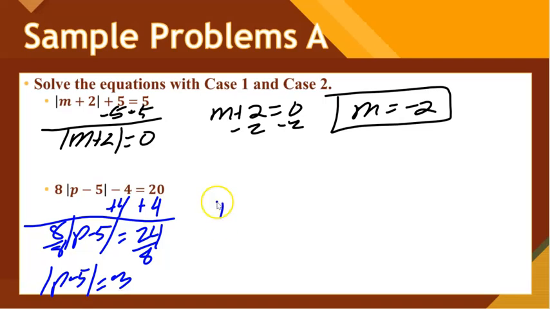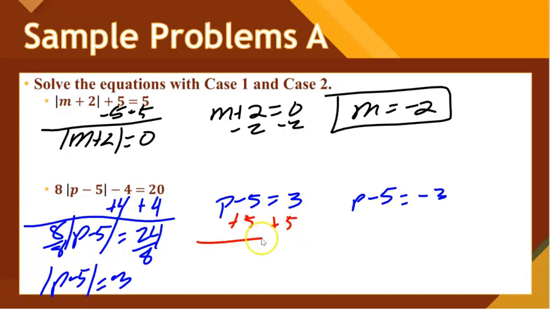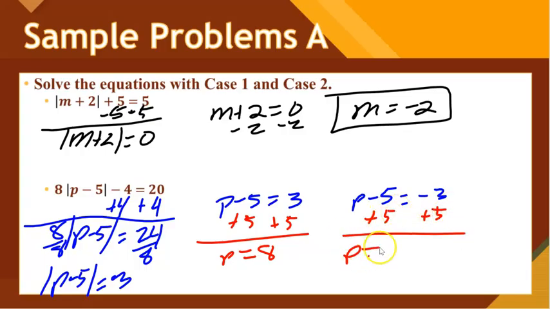Now when I take it out, I have p minus 5 equals a positive 3, and I have p minus 5 equals a negative 3. So always remember your two cases. To get p by itself, I'm just going to add 5 to both sides, and I have p equaling 8. Over here, add 5 to both sides, and p is going to equal 2.